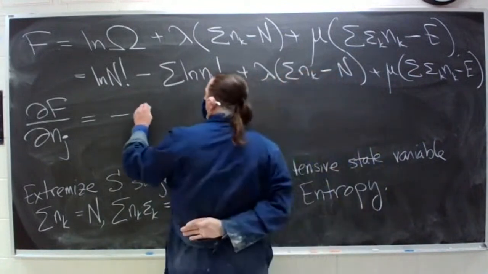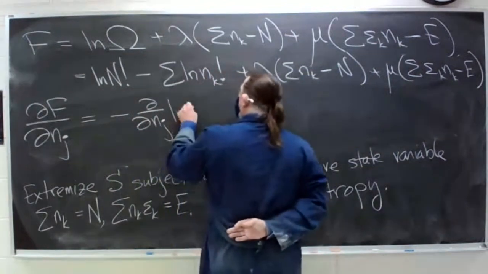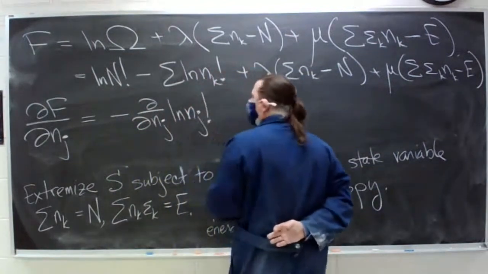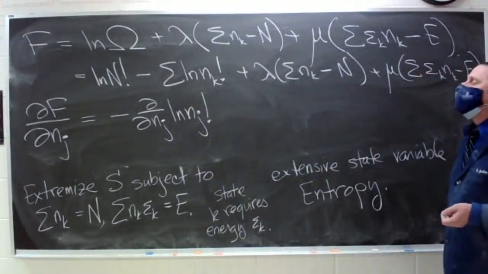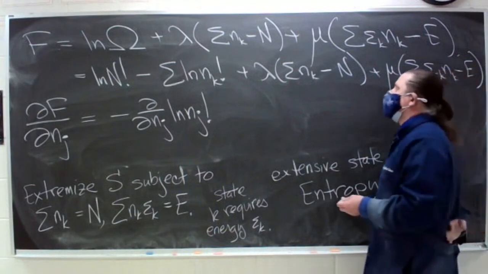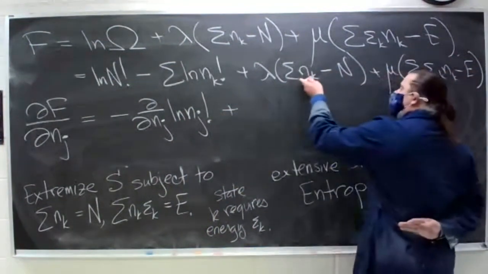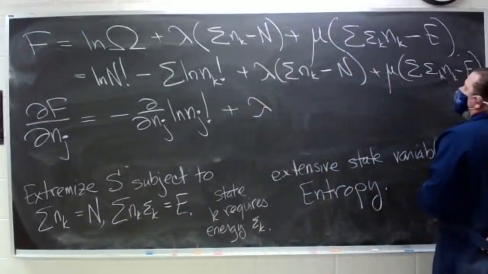So I don't need to worry about interrelationships between the different n's here. So I'm just going to say this is minus the derivative with respect to nj of natural log nj factorial. When I take a derivative here, I'm just going to get lambda.